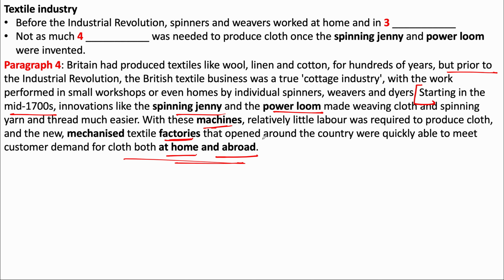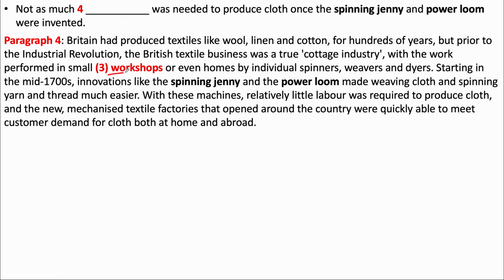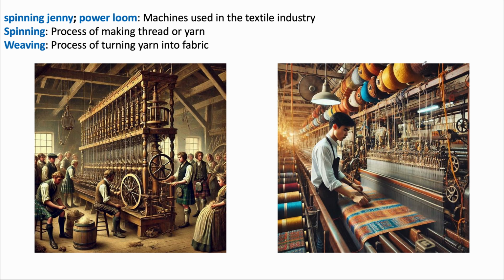Moving on to the fourth question. This is where we found the answer to the third question. Spinning jenny and power loom are mentioned in the next sentence. The spinning jenny and power loom are machines used in the textile industry. However, you don't need to know these exact meanings to answer the question.